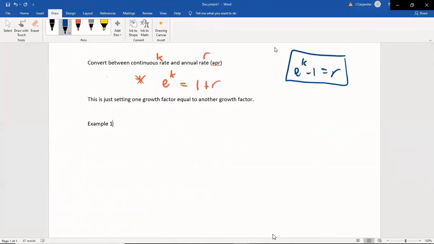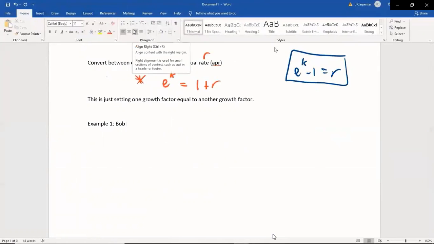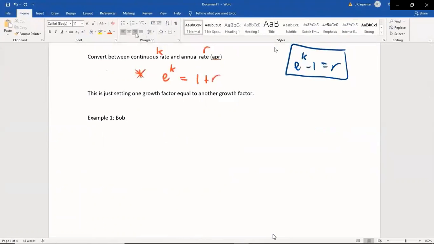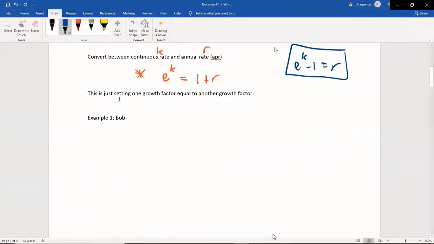Example one. Buddy Bob, classic Bob. Bob has $45,000 currently.